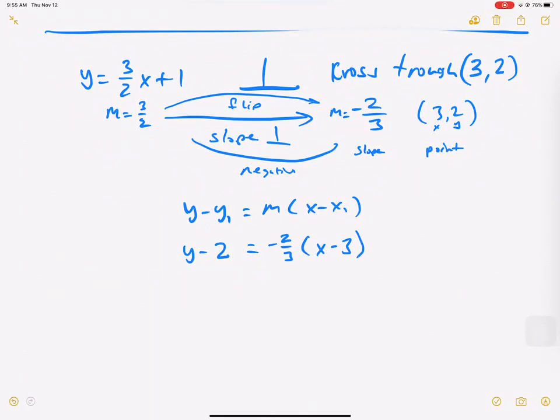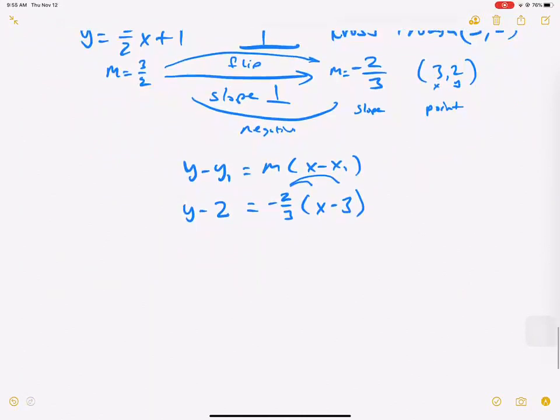Now this is like the last two problems we worked on. We have to simplify it. So we're going to multiply out the negative 2 over 3. y minus 2 is equal to, okay, negative 2 over 3 times 1x is just negative 2 over 3x. Please take that as always a freebie. And negative 2 over 3 times negative 3, you can multiply it out. 2 times 3 is 6, a positive 6 over 3.